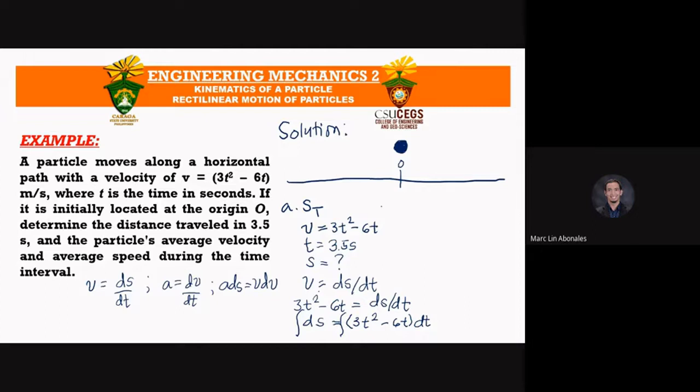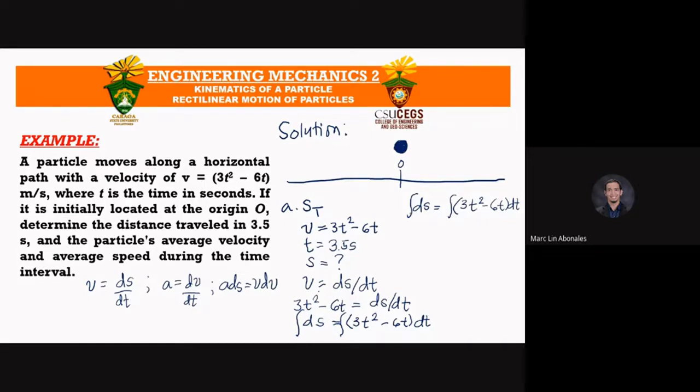So we will use definite integral for this one. So for the definite integral, that is integral of ds is equal to integral of 3t squared minus 6t dt. So for the ds, you need to write down the lower and the upper limit that represents the initial and the final position.